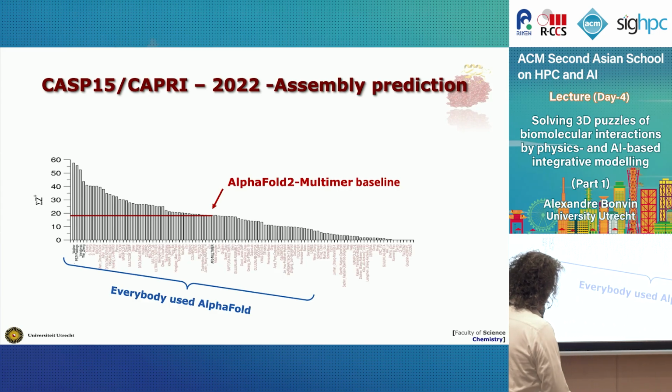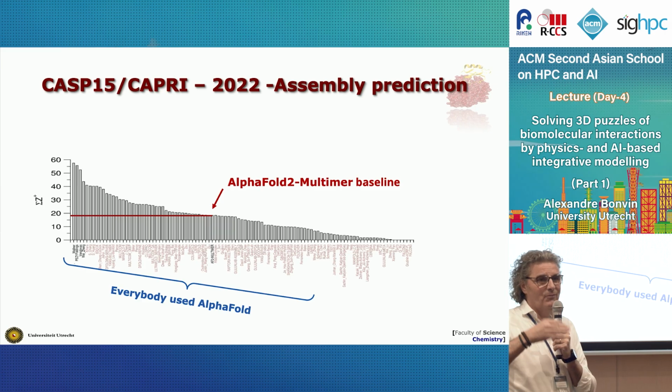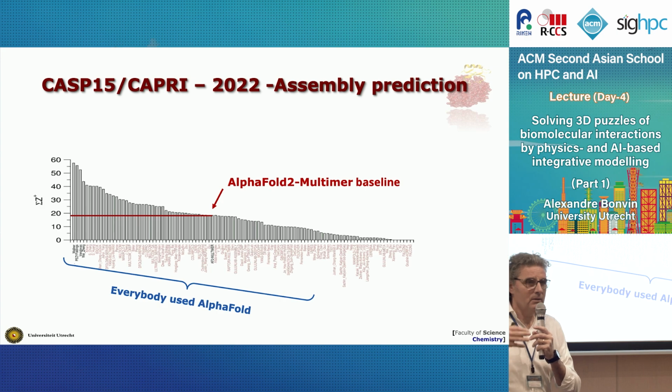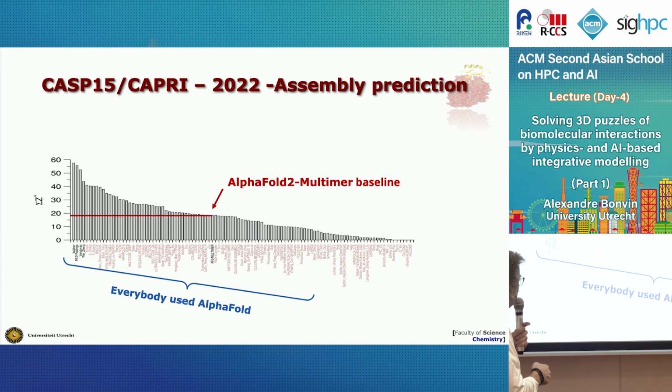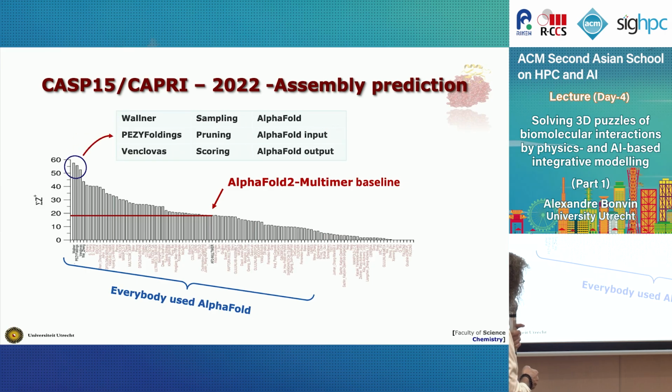So everyone in this region is using AlphaFold or some version of AlphaFold or some slight modifications. So you can see that now groups start doing better than the baseline of AlphaFold. And there are 3 groups that are jumping out compared to the others. So Elofsson's group from Sweden, PEZYFoldings, and Venclovas from Lithuania.